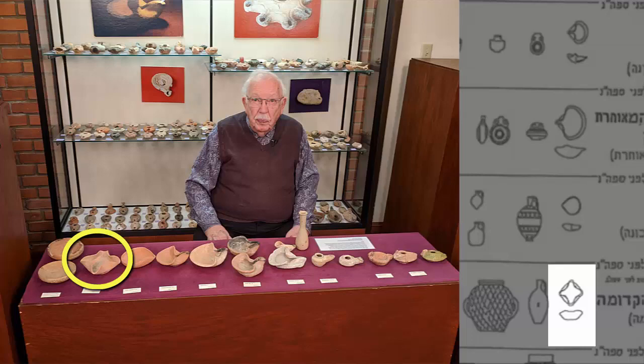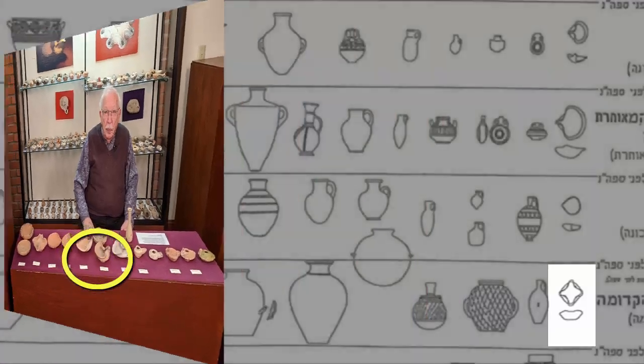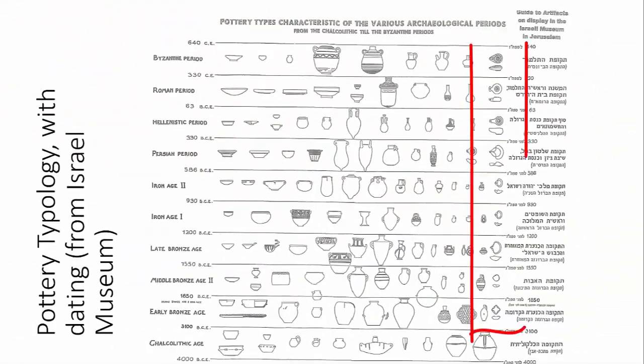Just an open dish with a little bit of indentation on the side. This is what we mean as we talk about pottery typology. We're looking for artifacts that had similar usage, acknowledging that all of these were lamps, but then noticing how the shape of them and the degree of refinement changes over time. By observing these, we're able to establish that a given artifact was sourced at a particular era.